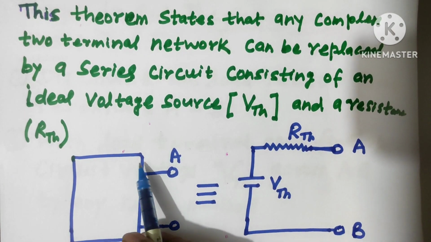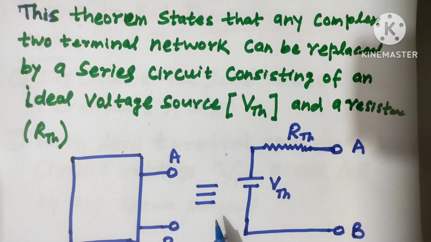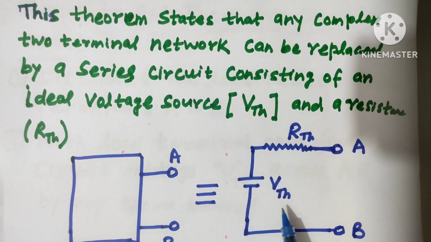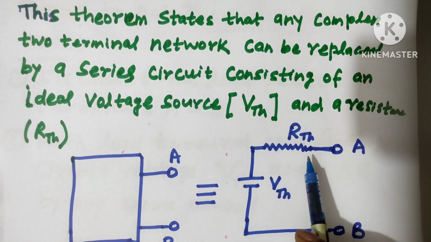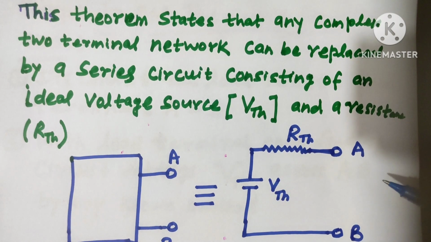So let this be a complex network having two terminals A and B. Then we can make an equivalent circuit like this. So the voltage source will have voltage VTH and one series resistance RTH will be applied, and then we can solve voltage across this terminal and current etc.